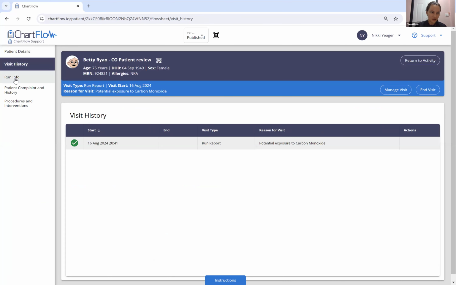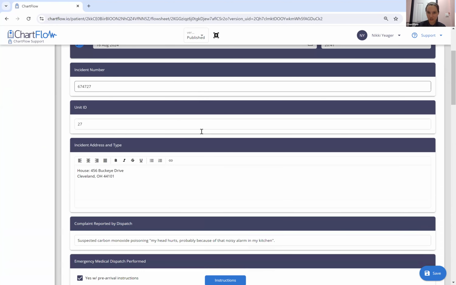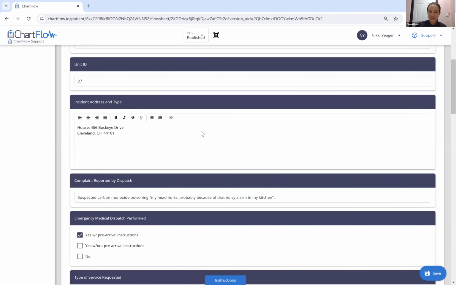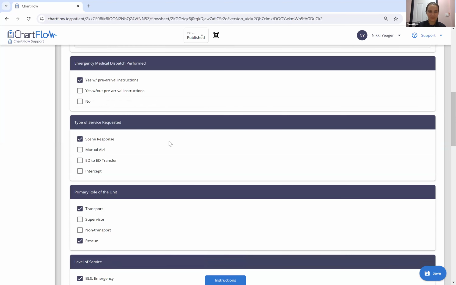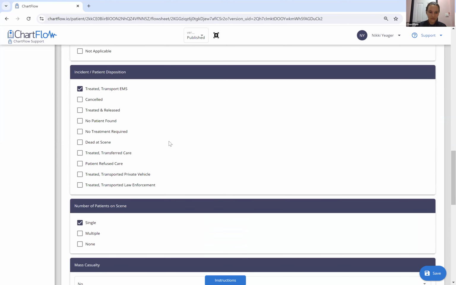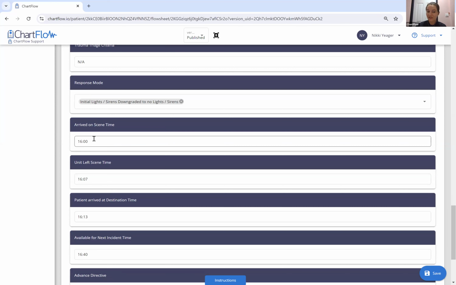So if we go in here, we're going to see that I already have the run information in here. So we can see, for example, the complaint as reported by dispatch. If we come down, we can see the scene arrival time and also the time that we left the scene.